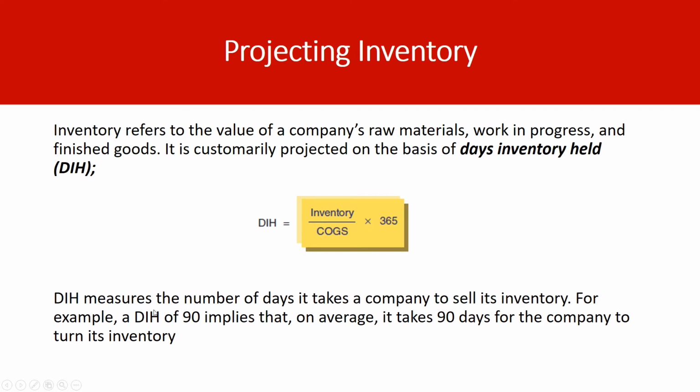For example, a DIH ratio of 90 implies that on average it takes 90 days for the company to turn its inventory. Essentially, turning its inventory means that I have X amount of units and I've sold all of those X amount of units without adding any new ones, right? And as I add more, how long does that unit take to be sold, right? So if it means 90 days, then on average it takes about 90 days to draw down on my inventory.